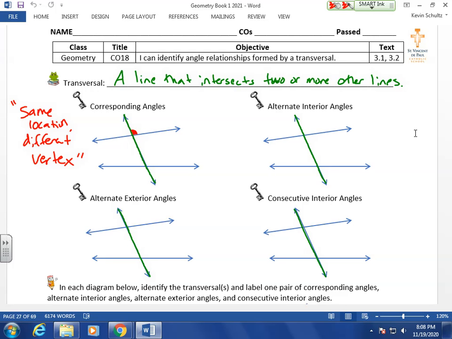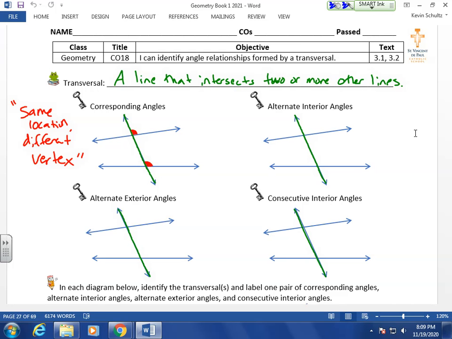Because, for example, that angle, that upper right section, if you think about this top intersection point, that upper right corner is going to correspond with the upper right location in the second vertex, that second point of intersection. So those two angles would be corresponding angles.